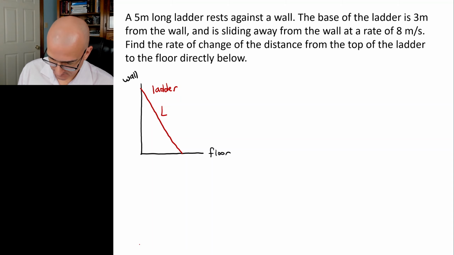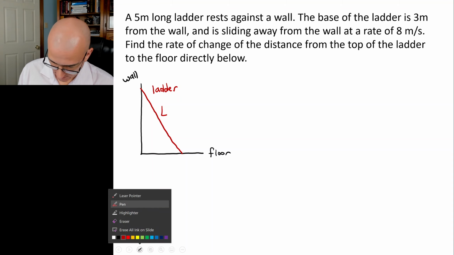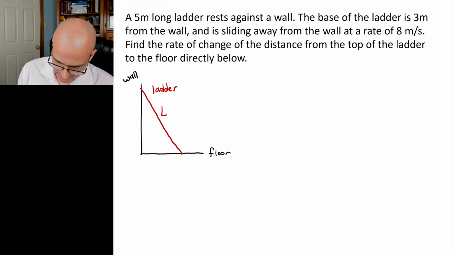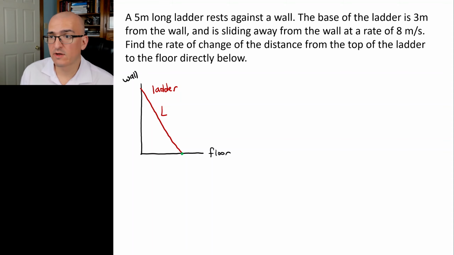All right. The base of the ladder, that's the name for the bottom of the ladder, is 3 meters away from the wall. So I'm going to give this name a measurement. I'm going to call this B for base.